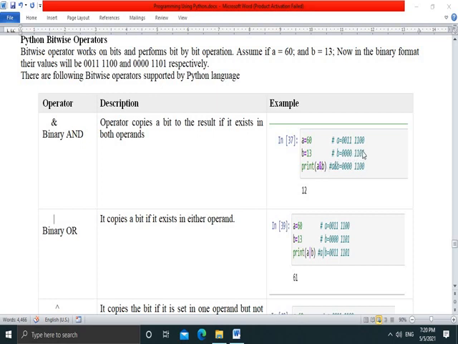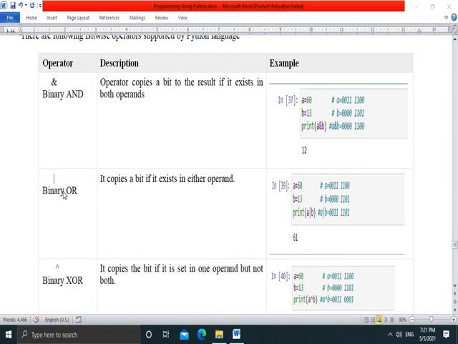Then a and b means bitwise AND operation is performed. So 0 and 1 is 0, 0 and 0 is 0, 1 and 1 is 1, 1 and 1 is 1, 1 and 0 is 0, 1 and 0 is 0, 0 and 0 is 0 and 0 and 0 is 0. So the answer is 0000 1100, means decimal 12. So this is the binary of 12.